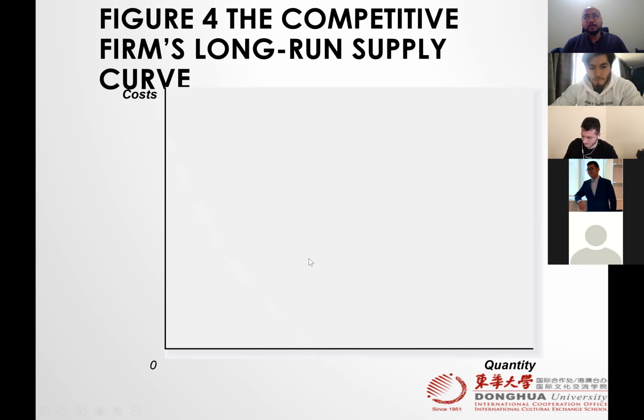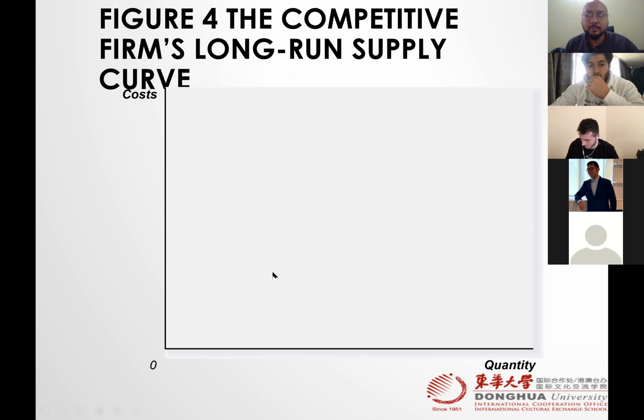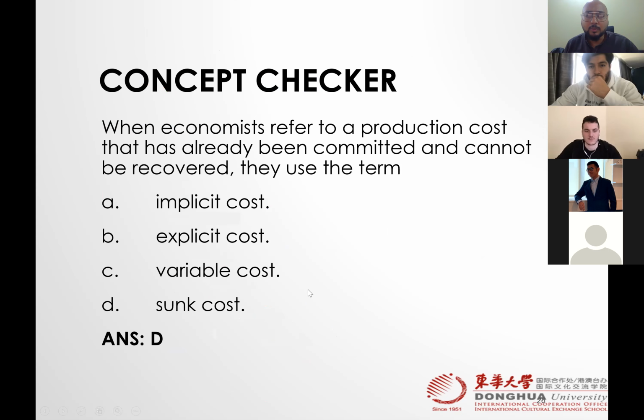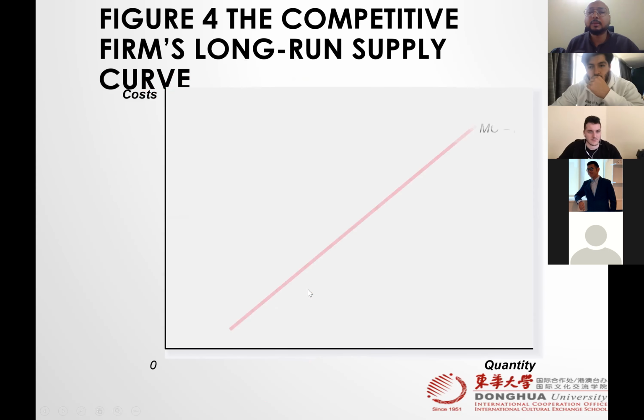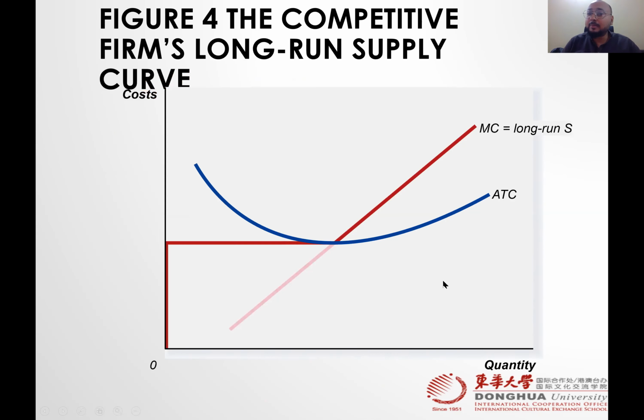Yes. Okay, now let's talk about the competitive firm supply curve in the long run. In the short run, we talk about that part of MC which lies above the average variable cost as the supply curve. But the long run supply curve is different. The long run supply curve is that part of MC which lies above average total cost.